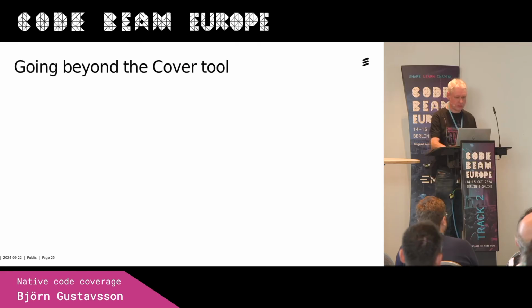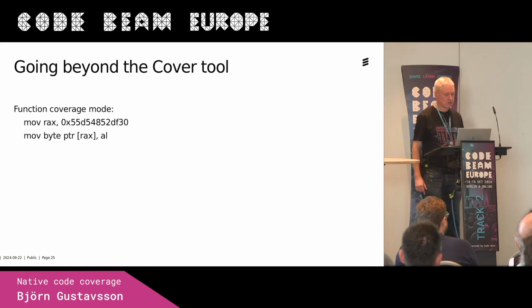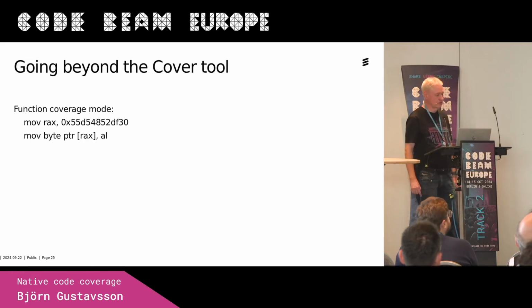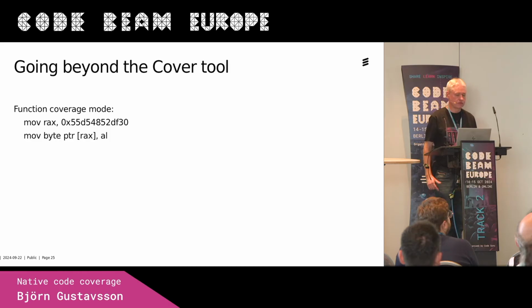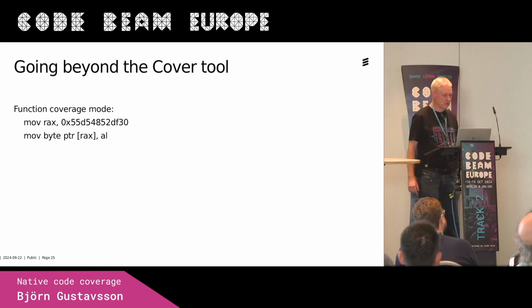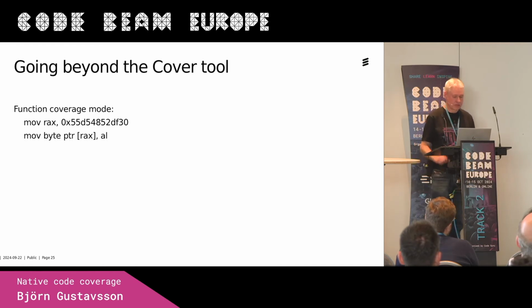So next, let's see how this is implemented in native code. A function cover just writes a value to an array of boolean values, and that is very fast. It's almost free doing that. We look at some numbers about that in the next slide.